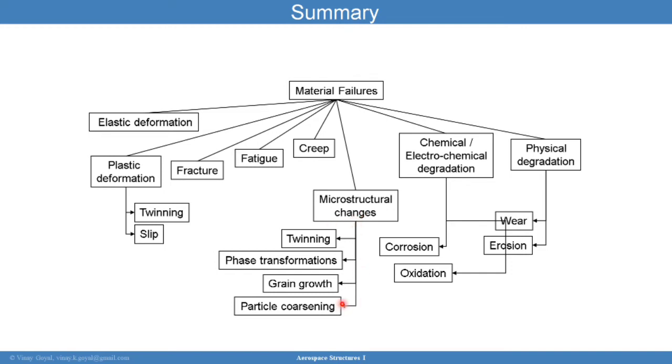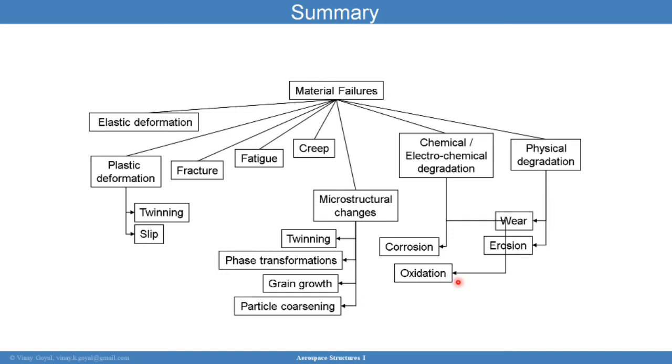I didn't discuss this, but for example, plasticity can cause grain changes within the material, and a coarser grain generally leads to lower properties and more brittle behaviors and less resistance to crack growth. You could also have chemical or electrochemical degradation such as corrosion, and we discussed that.